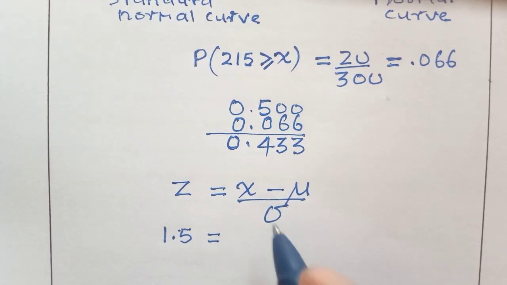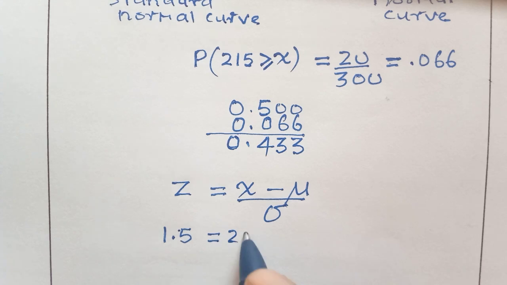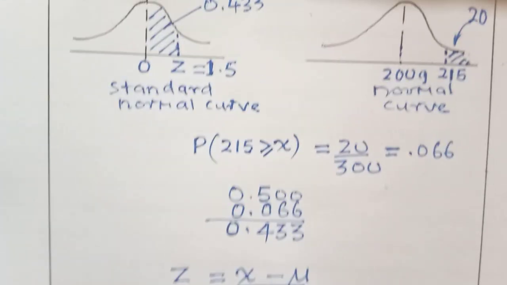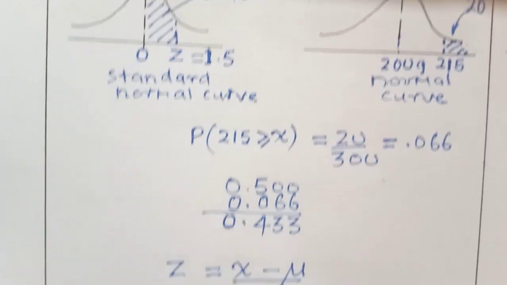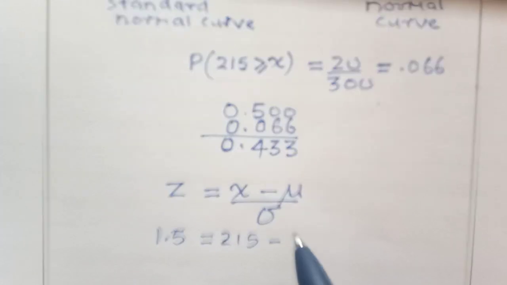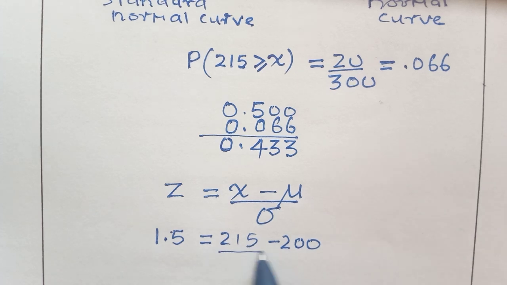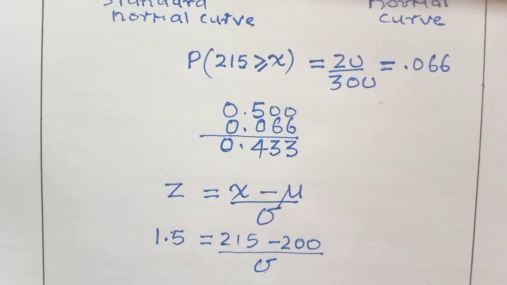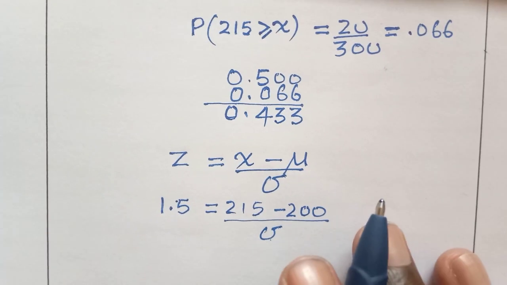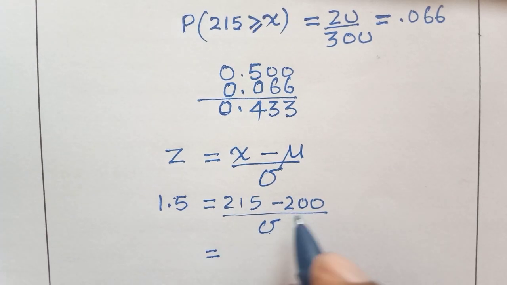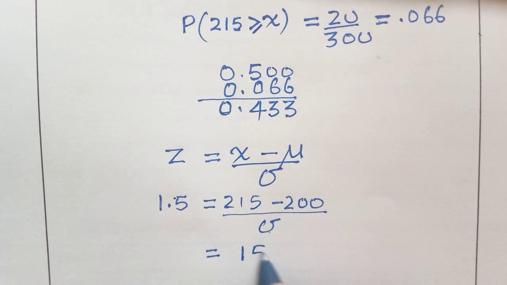X is 215, minus the mean, which is 200. 215 minus 200 is 15.